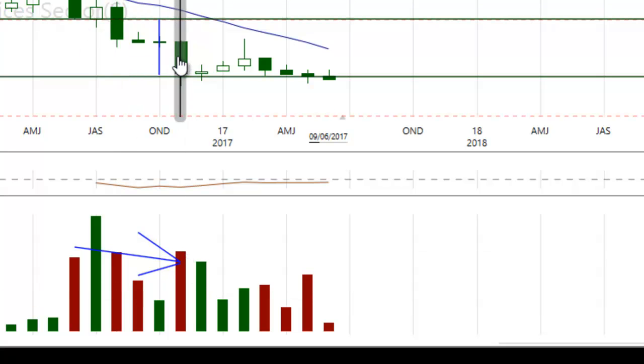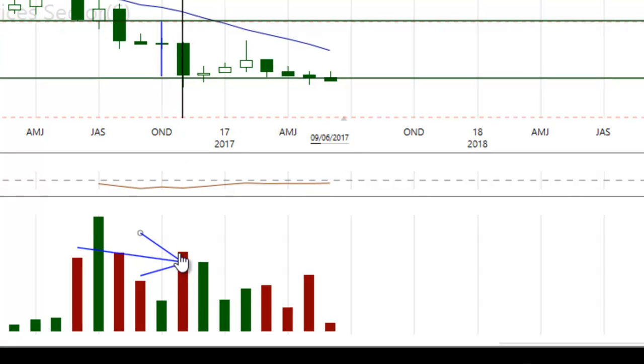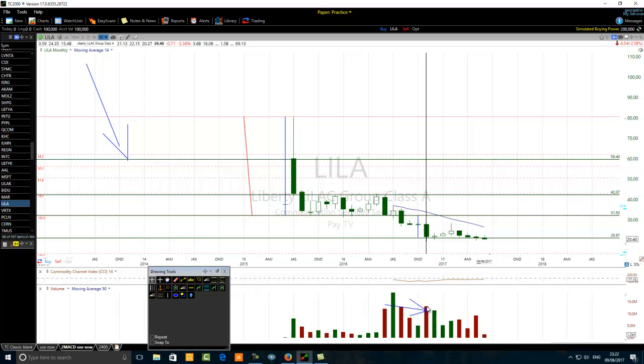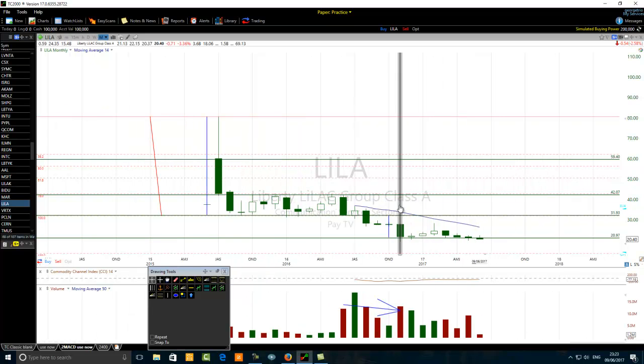Let's see what that volume bar is telling us. After that surge in trading volume here, the price did not display a new lower low in comparison to this low here.